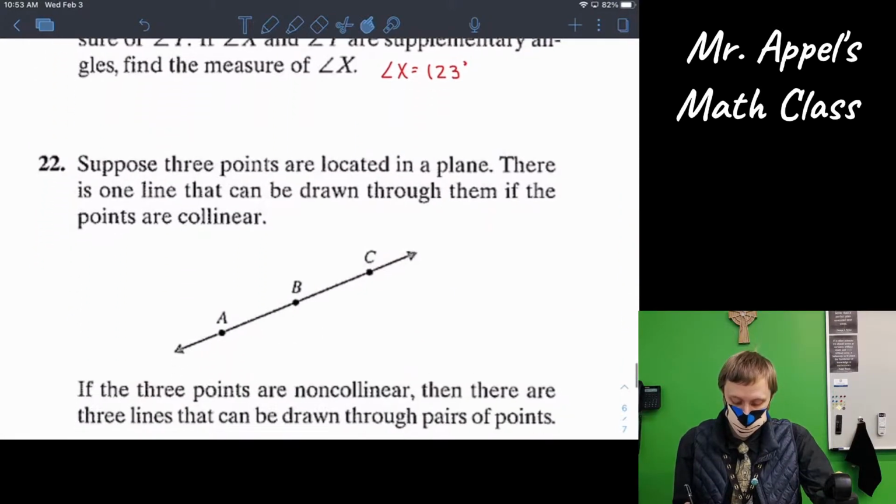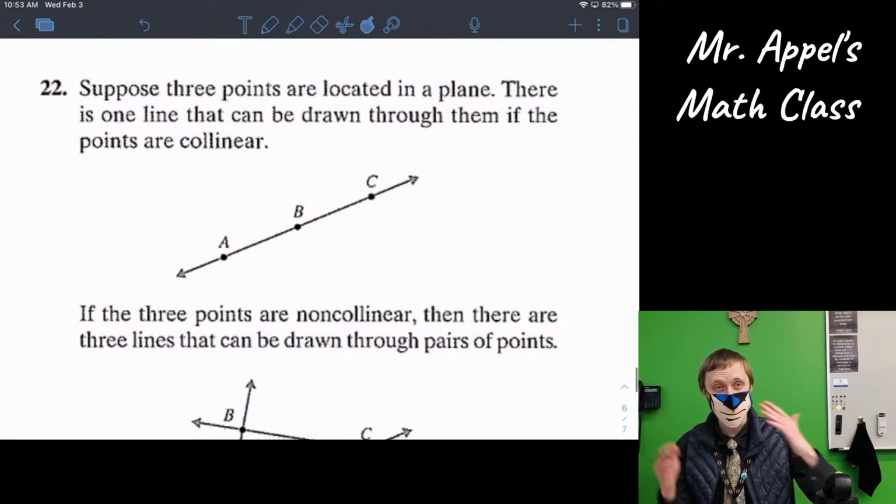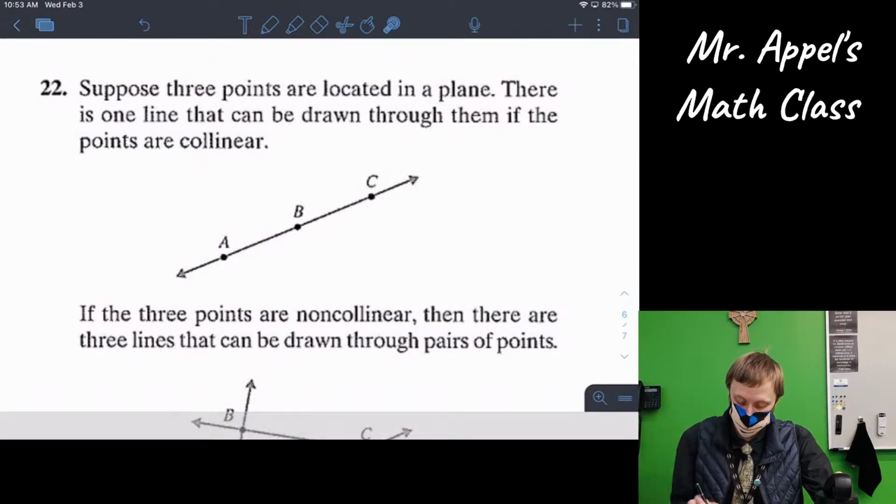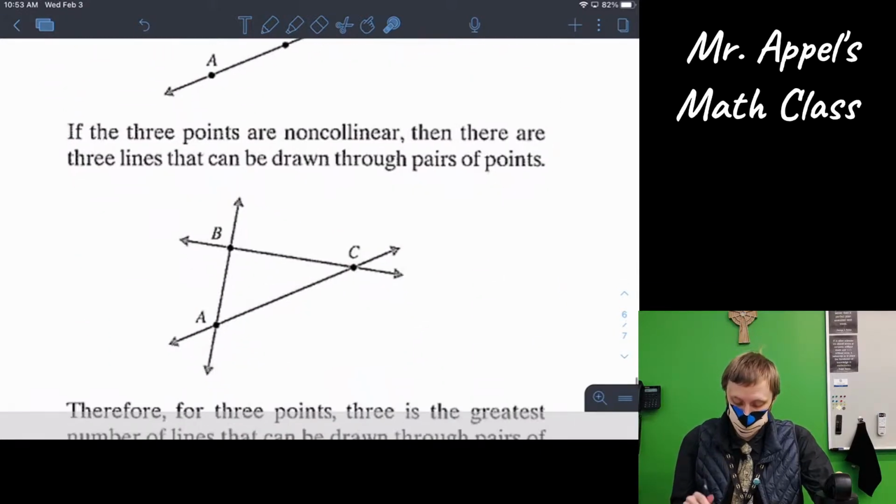And 22 now, similar to dividing the plane up with the lines into different regions, we are taking a collinear line and dividing it up with different points. Or actually reverse that. We're taking the points and saying how many lines can we draw. So if we make them not collinear, we can get at most 3 lines.